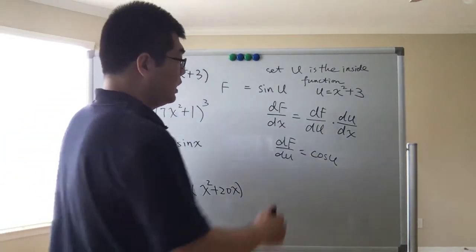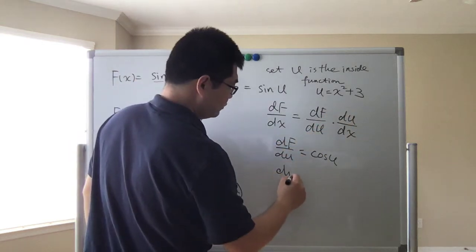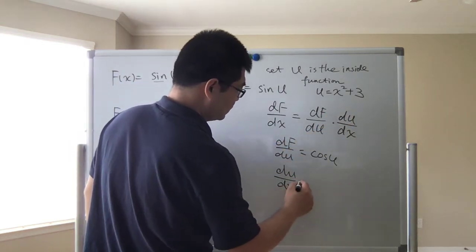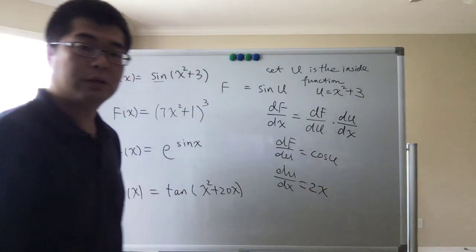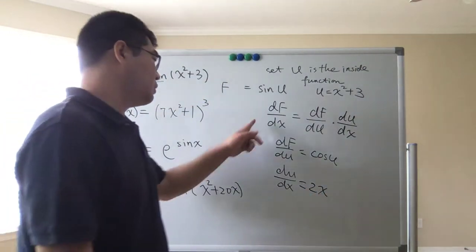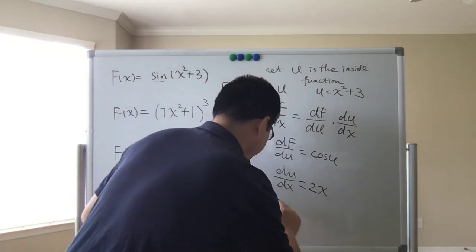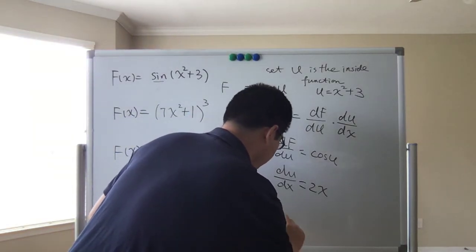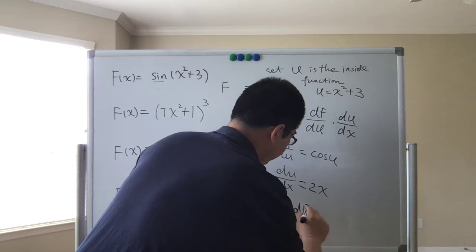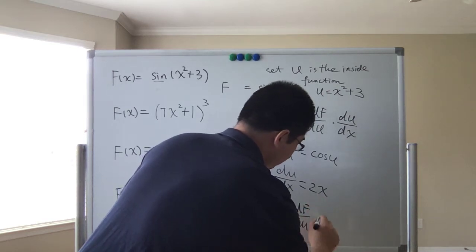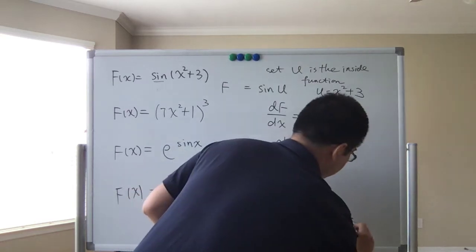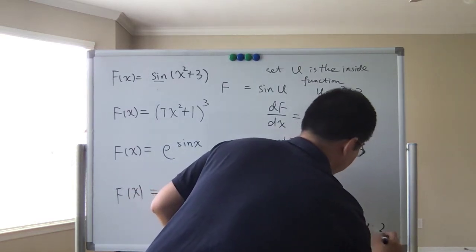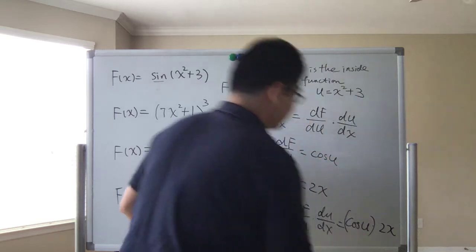And then du/dx equals 2x. So our dF/dx is going to be dF/du times du/dx, which gives us cosine of u times 2x. I'll put a parenthesis here.